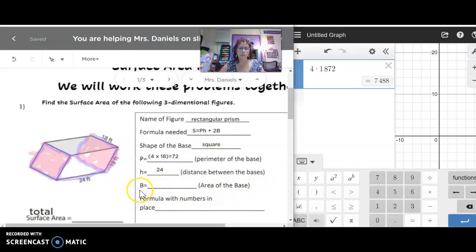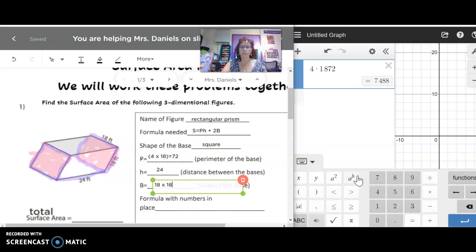Capital B is the area of the base. A few minutes ago we did perimeter of the base, where we added all four sides together. But for area of the base, we want to multiply the length times the width. Instead of adding all the sides together, we're going to be multiplying the length times the width.